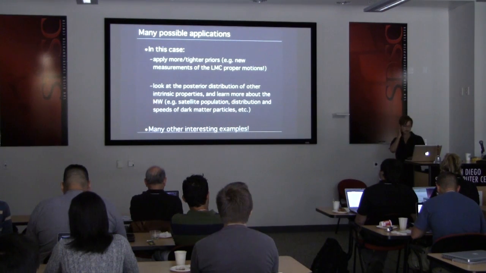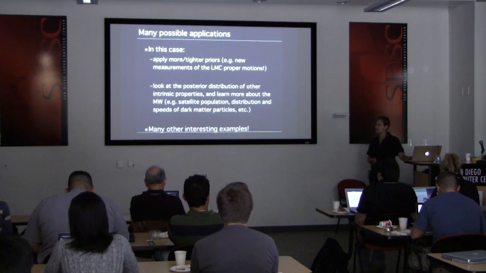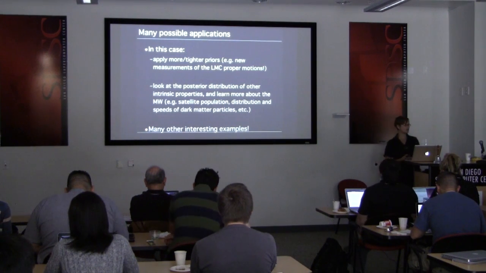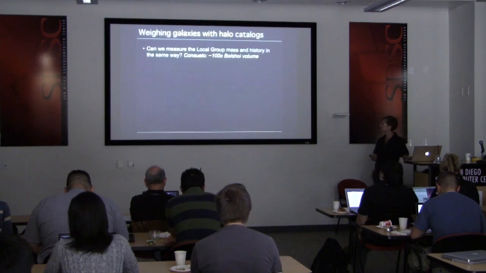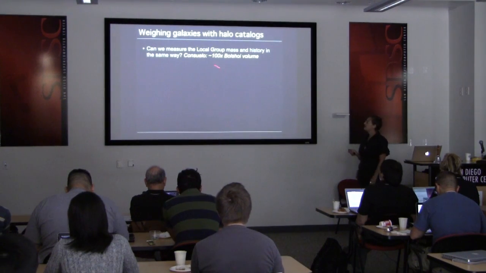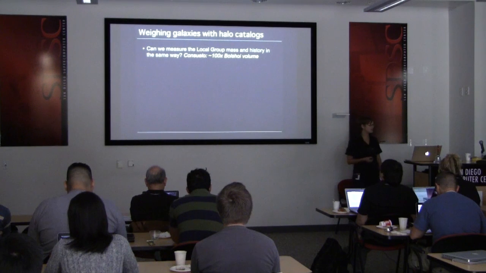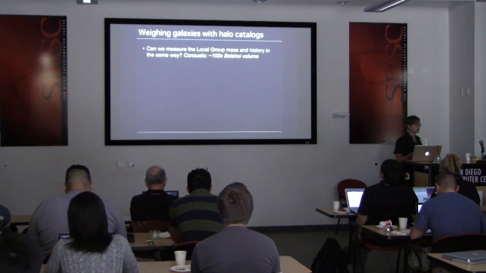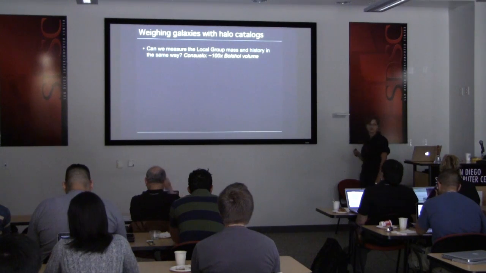So let me give you one more example of this approach, which is still actually related to the mass of the Milky Way, but using different information. So maybe we could measure the mass of the local group and its history in a similar way. We'd need more volume to do that, but we don't need as good a resolution.